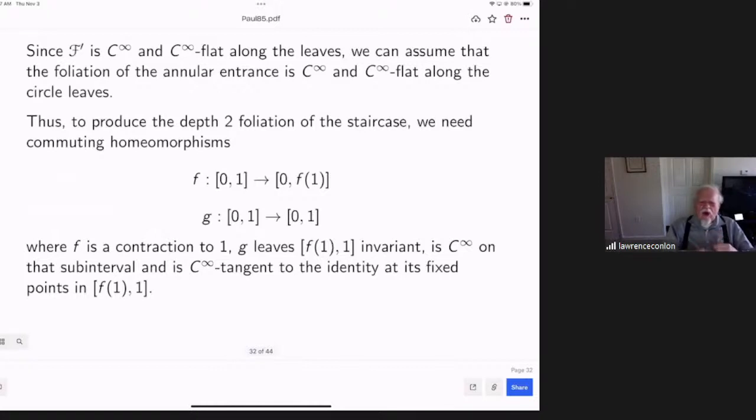To produce this foliation of the staircase, you need commuting homeomorphisms: F, a contraction to 0, and G, a homeomorphism leaving F of 1, 1 invariant. That's where the entrance of the staircase is going to be. And it should be C infinity on that interval and C infinity tangent to the identity at its fixed points in that interval.